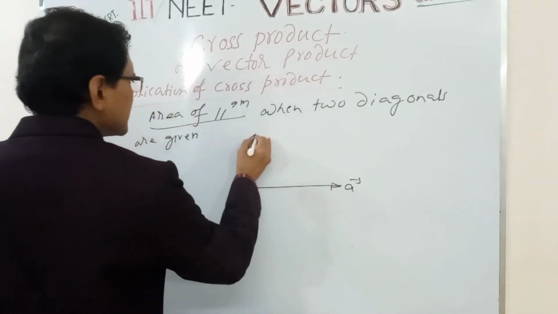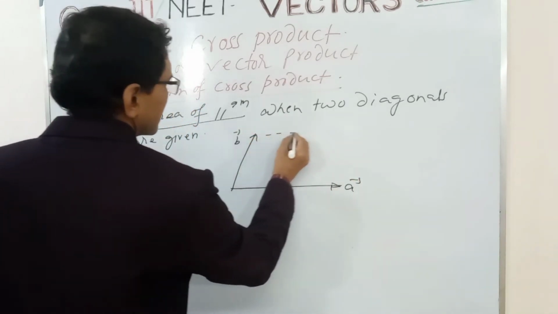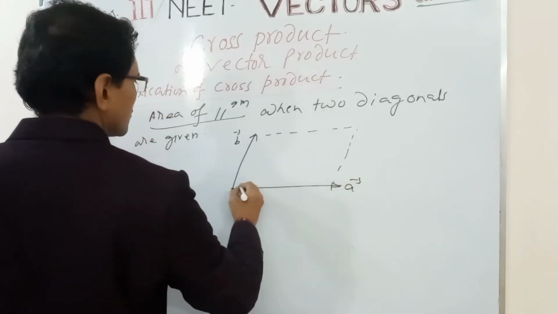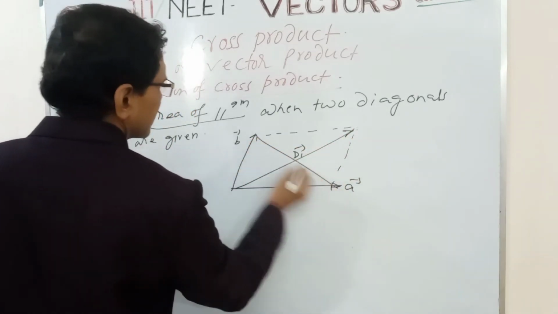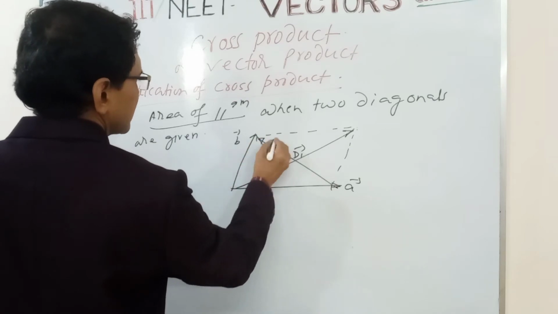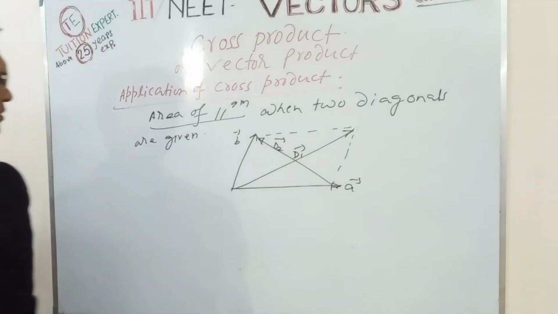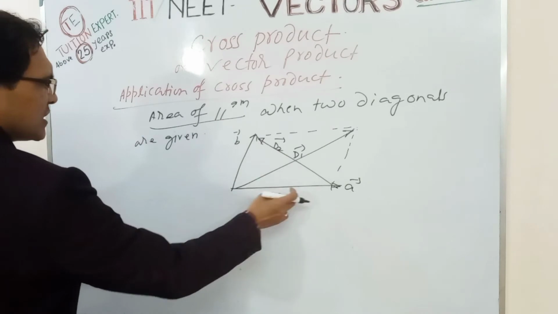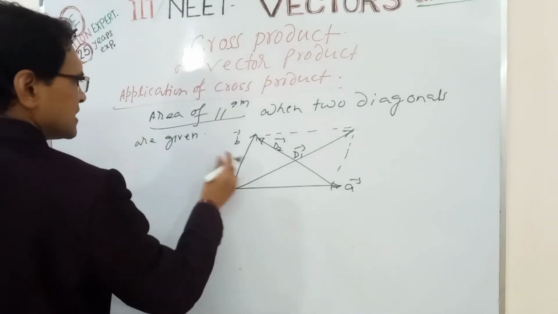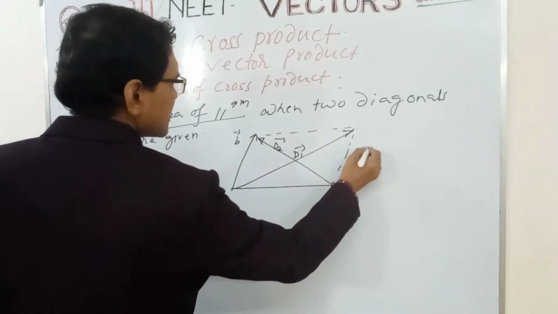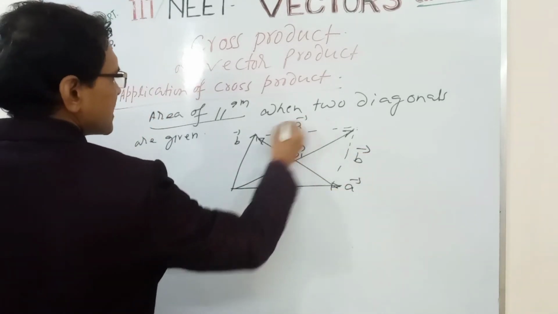Suppose this is A, this is B. Two diagonals: this is D1, D2. Now what are D1, D2? To determine D1, D2 in terms of A and B, apply the triangle law. This is A, this is B. So this becomes B, and this is A.